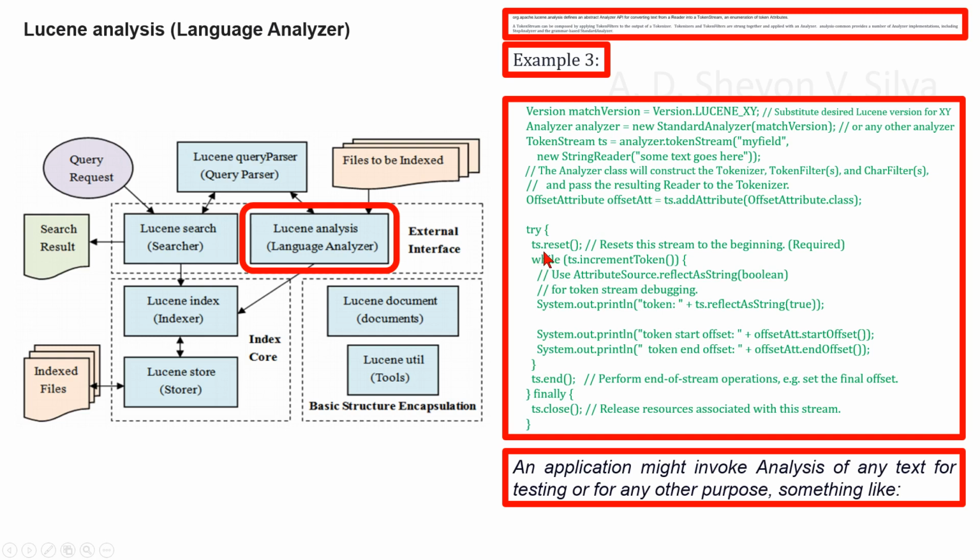Here, reset this stream to the beginning is required. Here they use attribute source reflect as string, with a boolean, for token stream debugging.